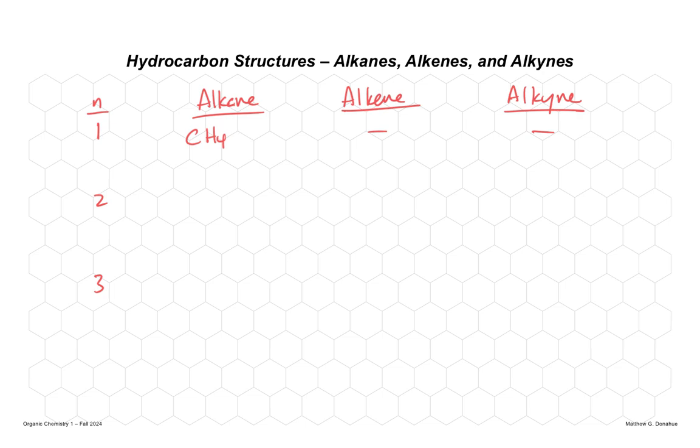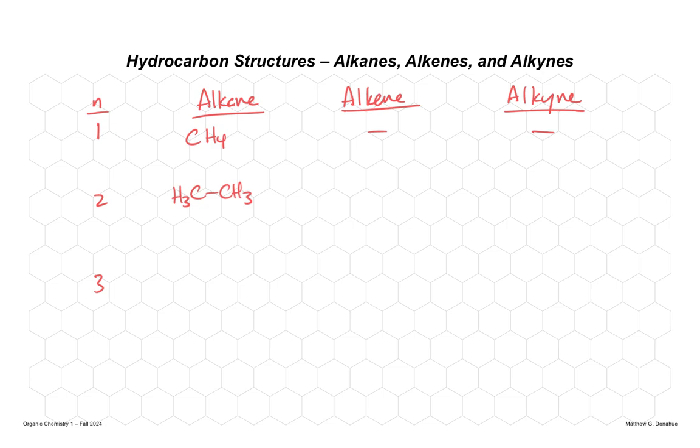So that'll become apparent when we fill in the next row here. So for 2 carbons, we would say H3C sigma bond CH3. And so that would be ethane.